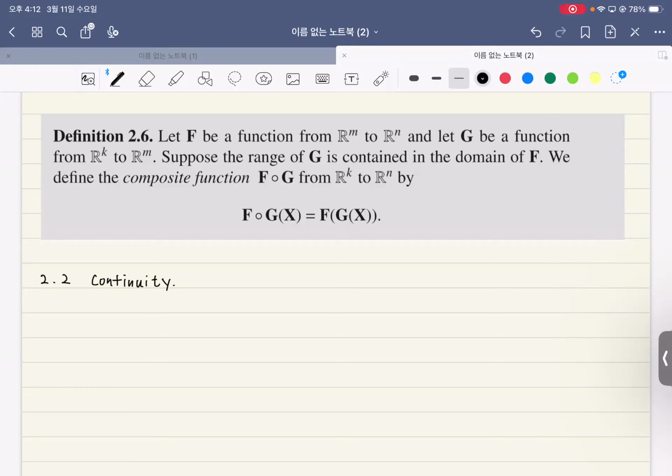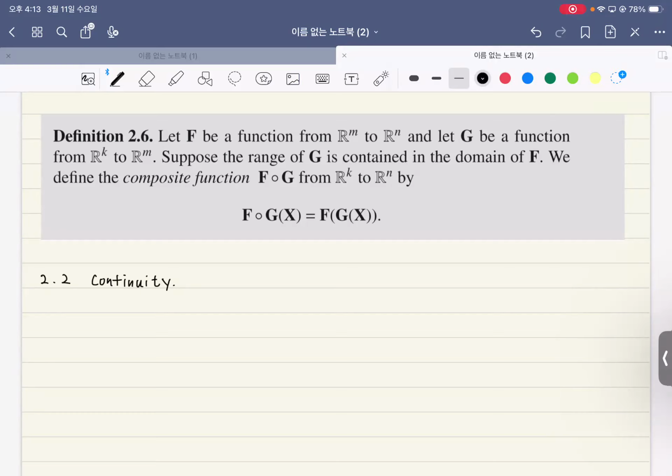So we should expect the functions of our interest not to behave in a completely random manner, but in a continuous manner. That is why we are interested in continuous functions. Therefore, multivariable calculus is a course about multivariable continuous functions.